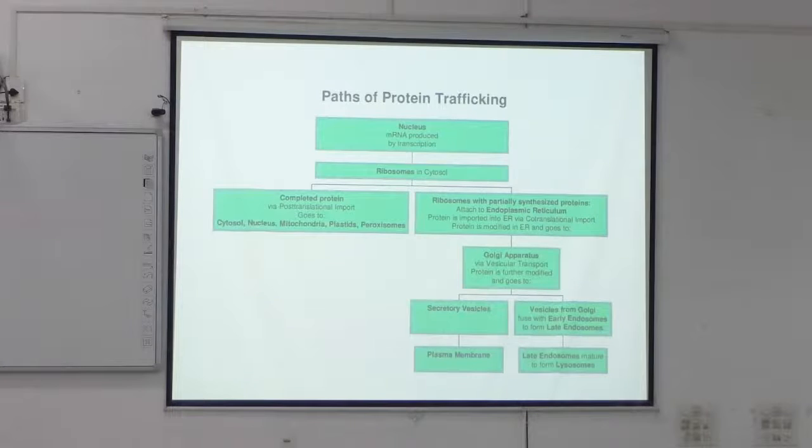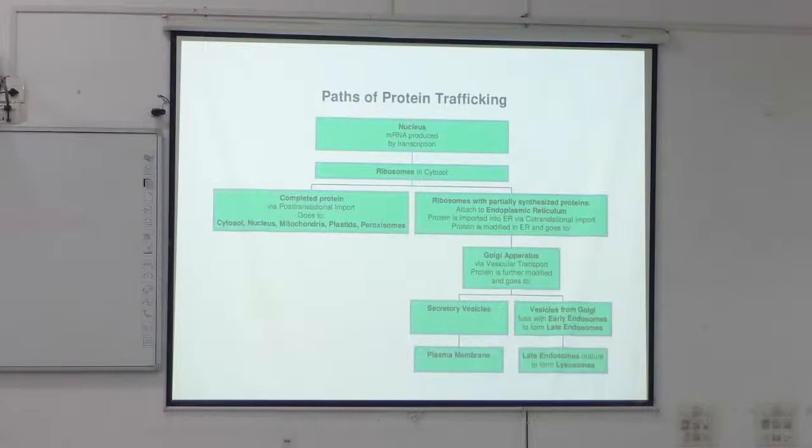If it is a completed protein provided by post-translational targeting or transport, the targeted organelles are cytosol, nucleus, mitochondria, plastid, peroxisomes. If you talk about plants, chloroplast is also included. Please remember that.